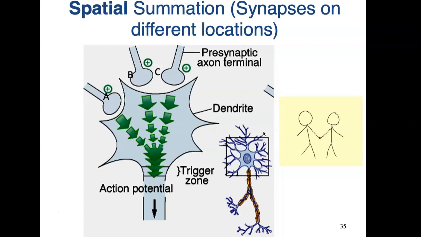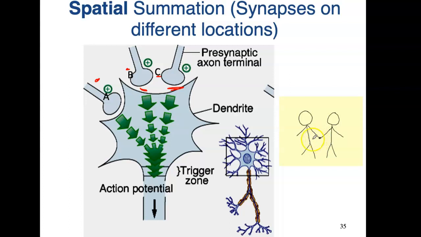So what kind of summation exists? Well, we could have spatial summation, in which case this incoming signal is happening in different places, in location A or B or C here. So it's in space, a different space on the cell body. This one's coming in here, and this one's coming in here. Let's say these are all presynaptic, and let's say that they are all stimulatory.